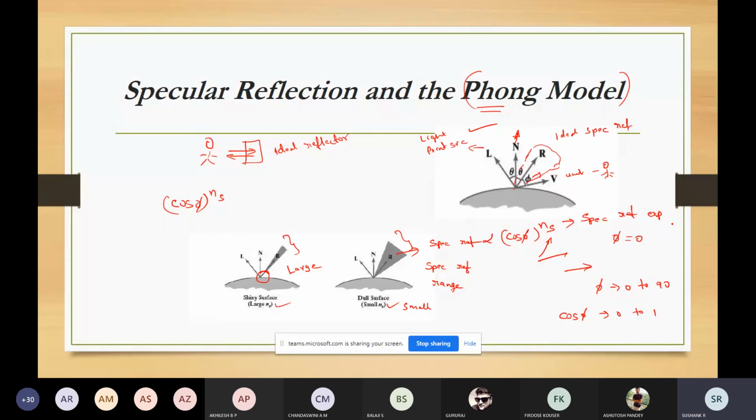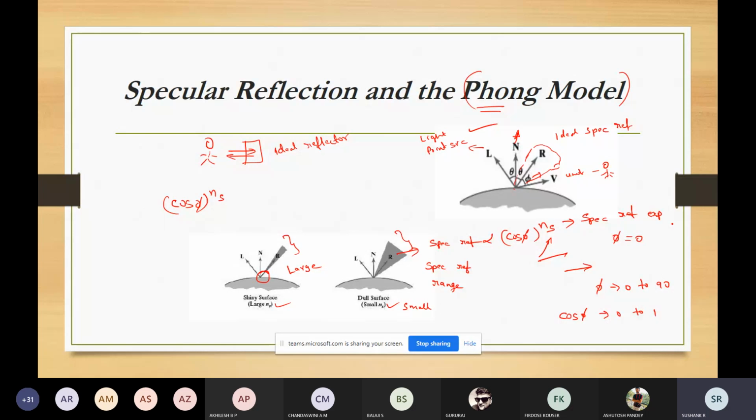For mirrors, the value of ns will be infinite, and for some rough surfaces, it will be equal to or near 1. So this is regarding the Phong model.